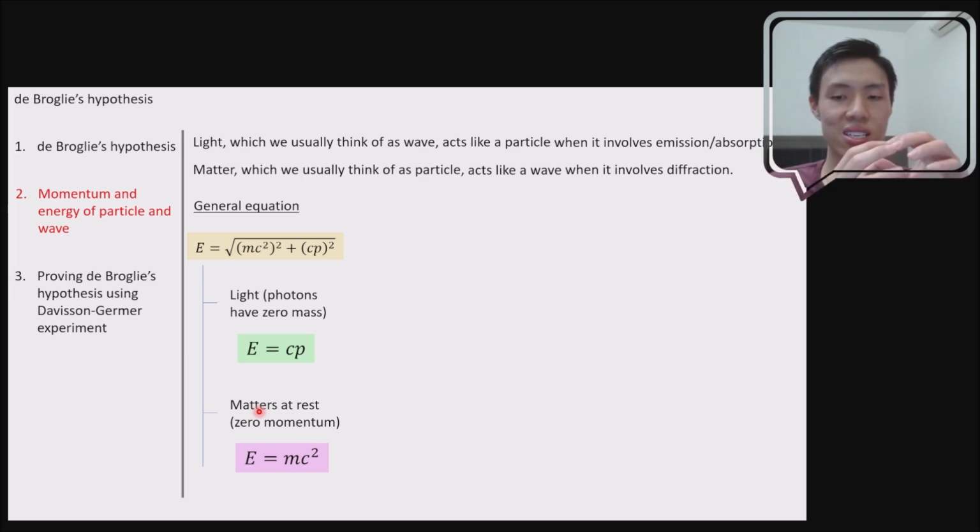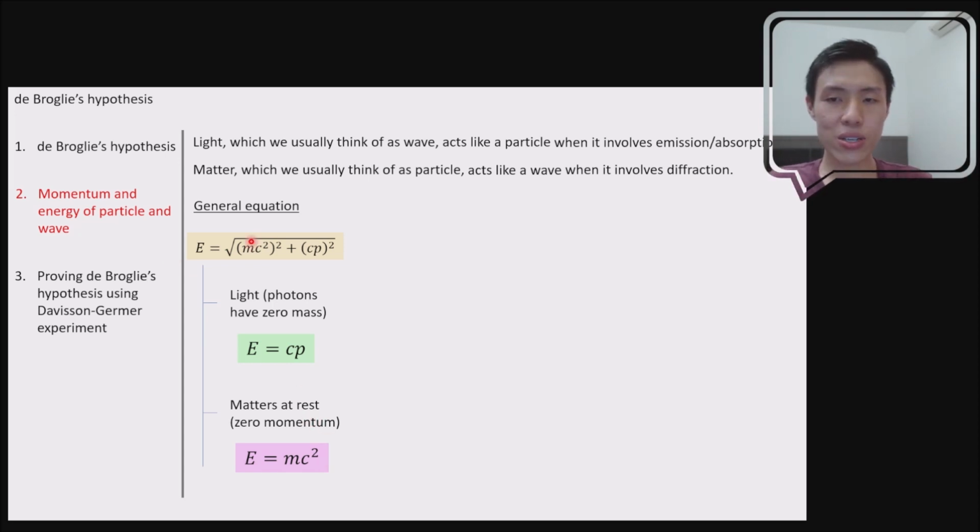The rest mass energy can be described by this equation, E is equal to mc squared. So it means that if you manage to destroy this matter to become no matter at all, how much energy will it convert to? It's a bit of an abstract concept, but the idea is it's called rest mass energy.